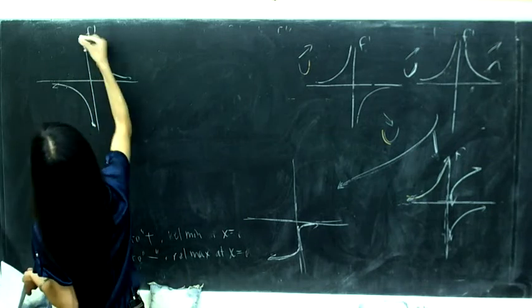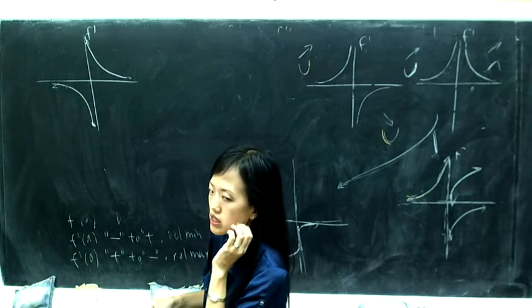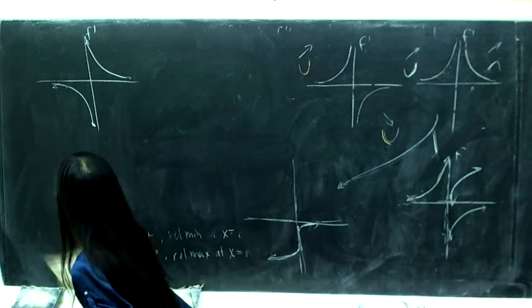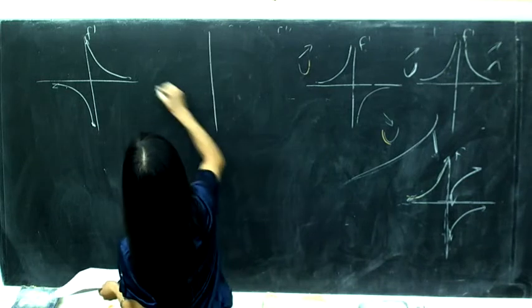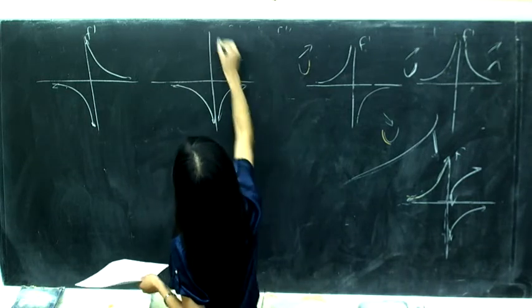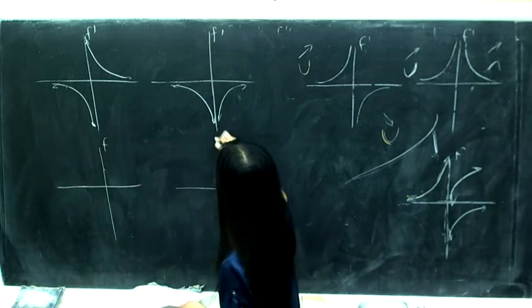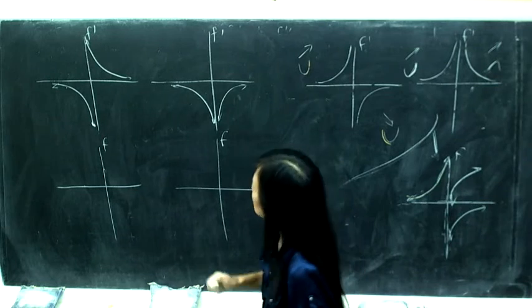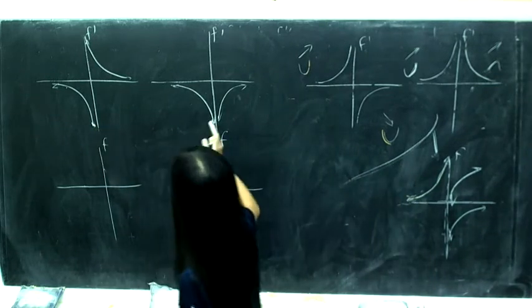This is the f prime. I know it's easier to go from f. I think you guys can all go from f to f prime. That's much easier. But so I know I have a vertical tangent here at 0. This one is another, right?